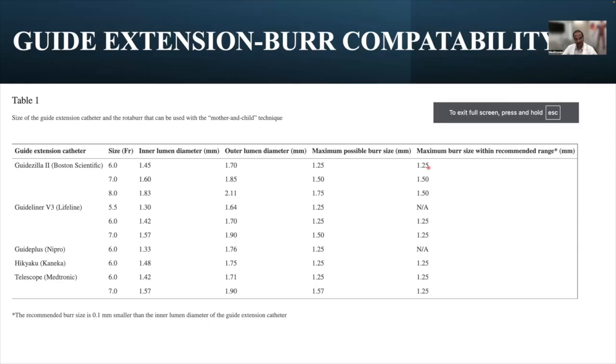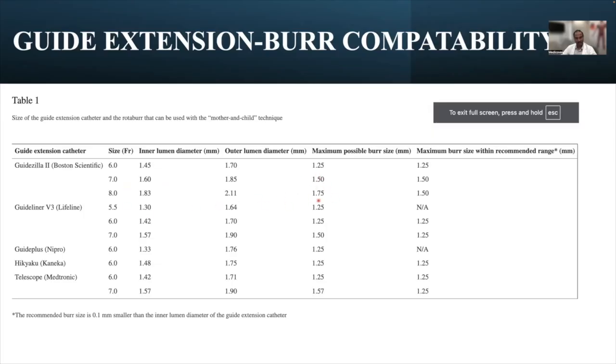You can see the compatibility chart, the 7 French. Out of all guide extension catheters, GuideLiner... GuideZilla is the best guide extension catheter because that provides the largest lumen among the guide extension catheters. And you can see through 7 French guide extension, you can take 1.5 burr.